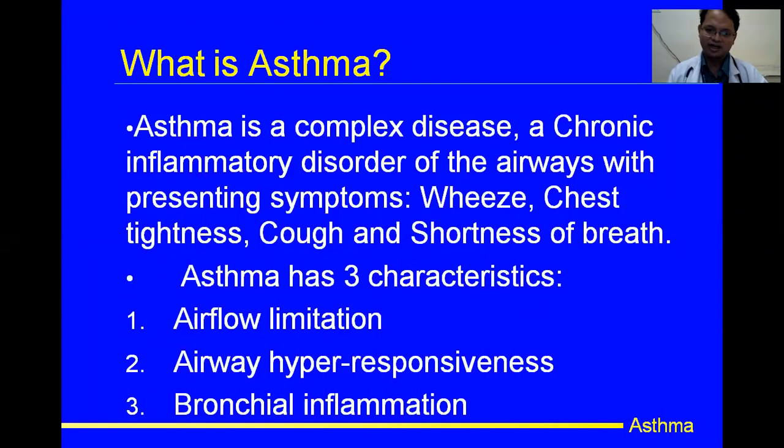The airway closes prematurely whenever they are exposed to any allergen, they immediately collapse, and this is the classical feature of bronchial asthma. There will be constant chronic bronchial inflammation.